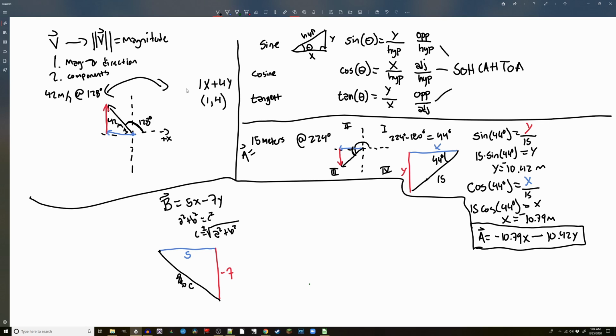If I plug 5 squared plus negative 7 squared into my calculator and take a square root of them, I get a hypotenuse of, ooh, that's a funky 8.602, let's say meters. It's a nice standard unit for us. There's our hypotenuse, we'll have to remember that.